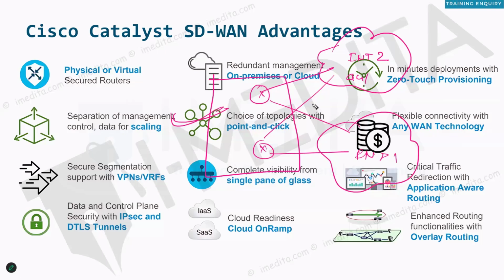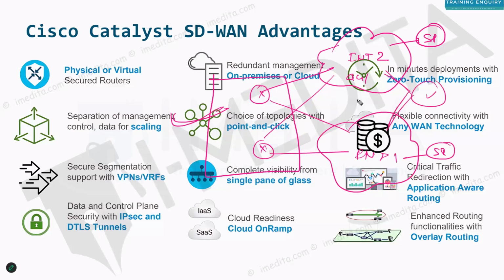But is it going to eliminate the MPLS from the world? It's not going to happen, because go ahead and learn about the service provider. Go through the concept of MPLS in our routing content, and you will know the use case of MPLS within the service provider network.